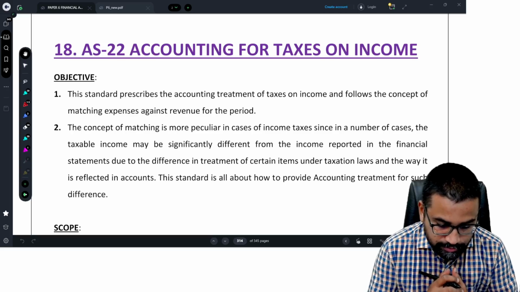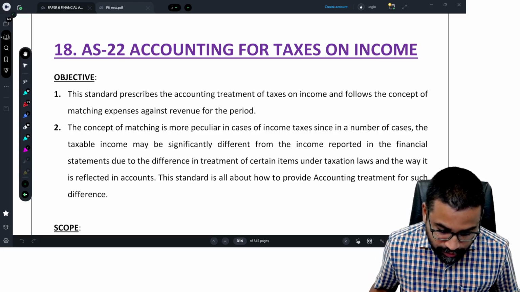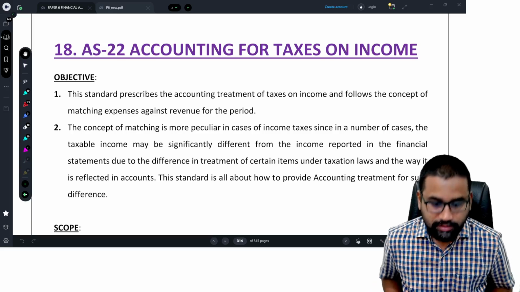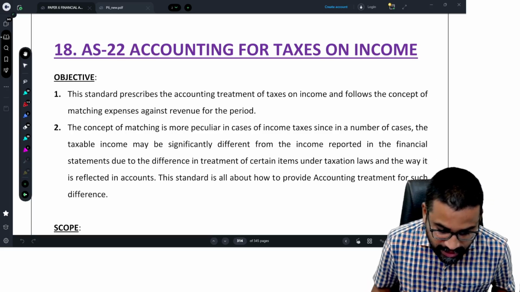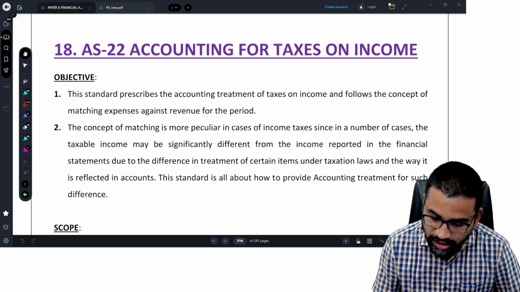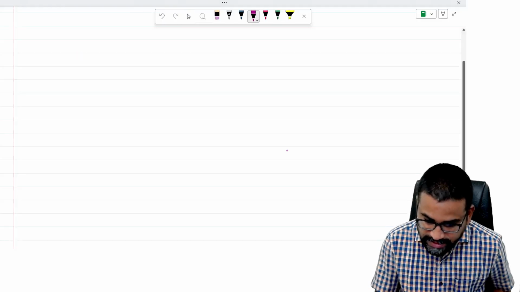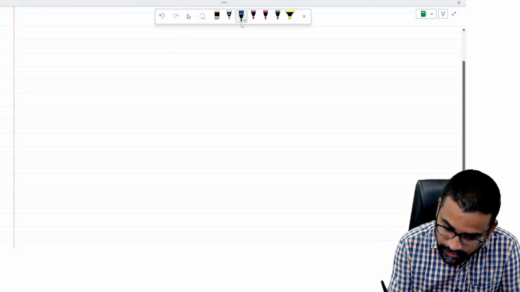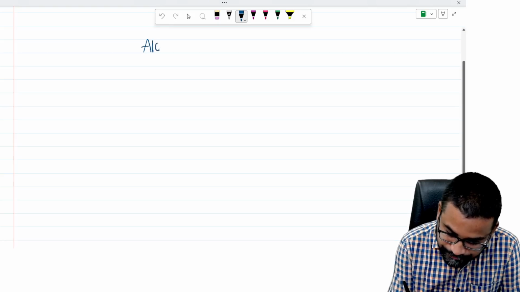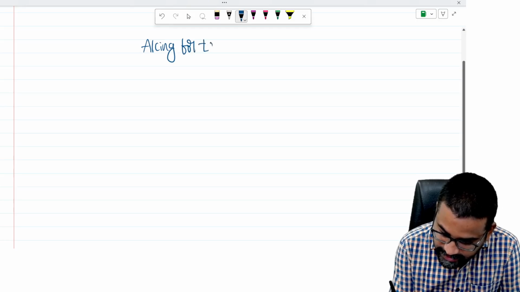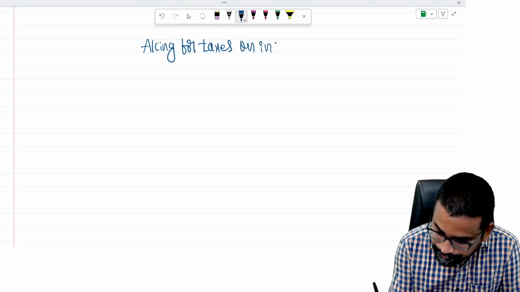Now today we are going to start one more accounting standard in our financial accounting paper, which is Accounting Standard 22, Accounting for Taxes on Income. So what is the standard, sir? Accounting for taxes on income.